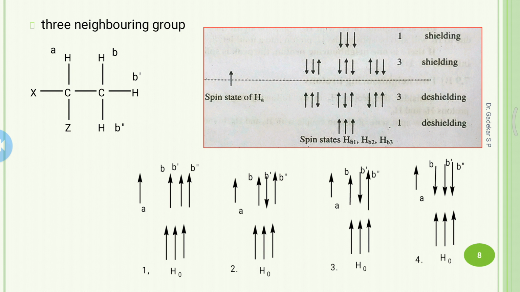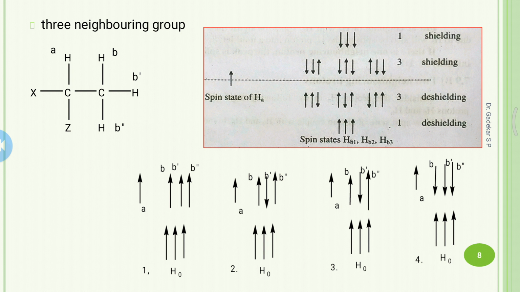In the first case, A, B dash and B double dash are all parallel, and at that time it is de-shielding. In the second case, only B dash is anti-parallel, and it is also a de-shielding pattern. The third case is also de-shielding, and the fourth case is the shielding case, because B, B dash and B double dash are all anti-parallel with the applied magnetic field, so it is highly shielded.